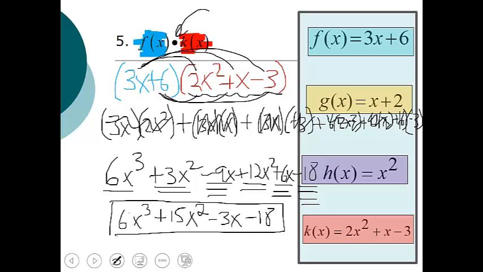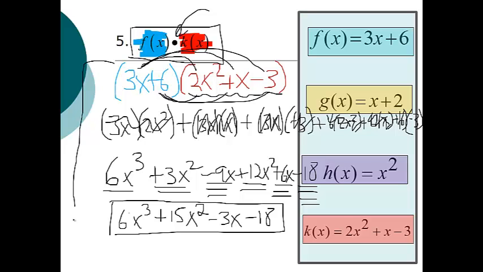It's not pretty, but it is what it is. This is why this problem, which you will see on quizzes and tests, can be time-consuming. But if you break it down, the only thing that's Algebra 2 is right here. Everything else, this is Algebra 1. So if you're having trouble with that, it's not your Algebra 2 skills. It's your Algebra 1.